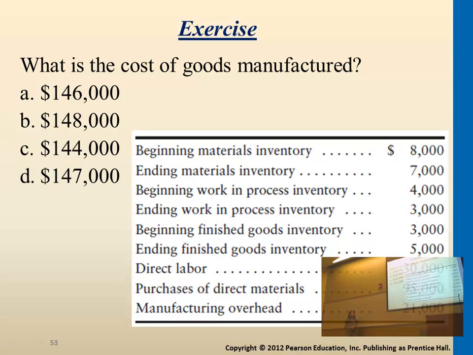Minus the ending work in process, which is 3,000. $4,000 beginning, plus the three categories of cost: direct materials, direct labor, indirect costs, add them together, compared against what's left not yet completed, not yet fully manufactured, still halfway done. After calculating that, you get $148,000.